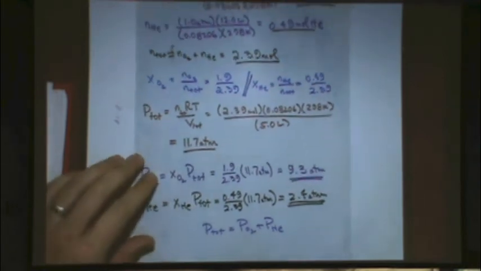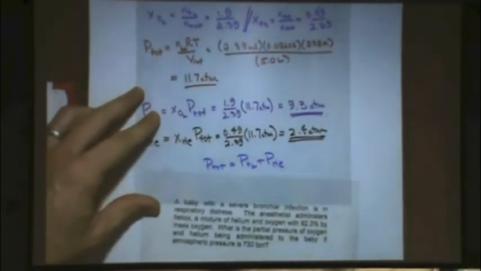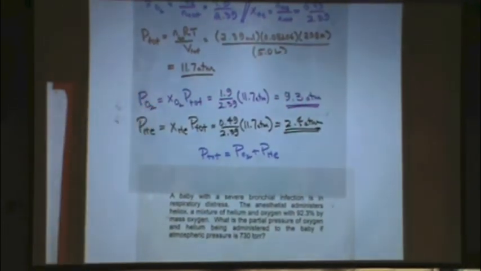All right then. One last example. We need to save a baby. Okay. So we're going to save this baby. You are the nurse on duty. You need to, again, it happens to be the same mixture of gases, heliox.